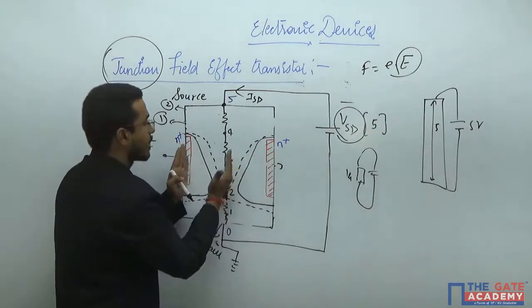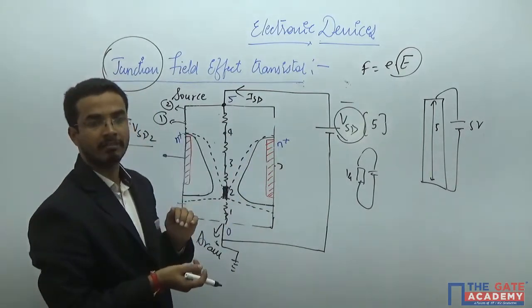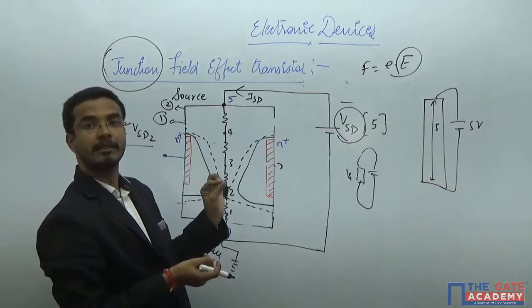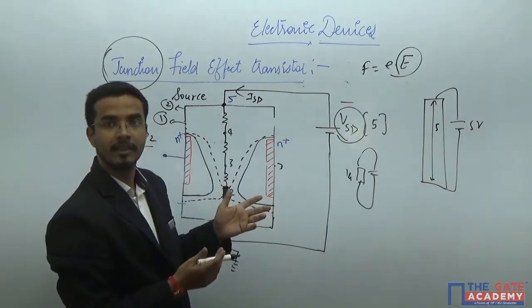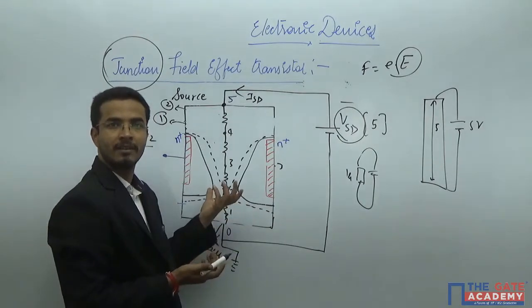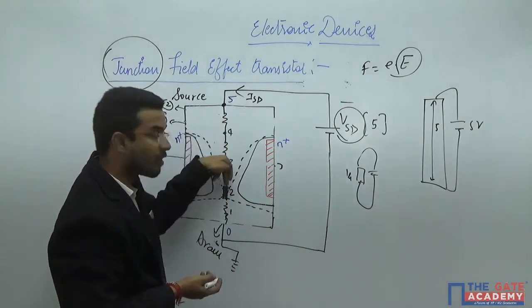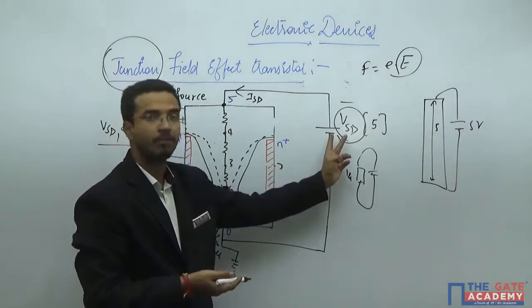Yes or no? And if you are able to vary these things, you are able to change the cross-sectional area of the device, due to which the resistance offered by the device will change. But after pinch off, the resistance you cannot change. Only the current will become constant, irrespective of the voltage.